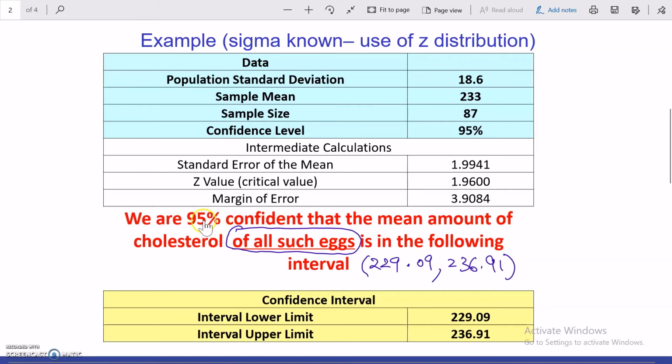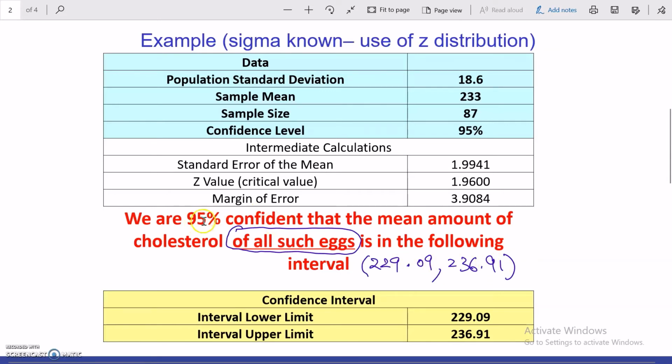I repeat the interpretation. We are 95% confident that the mean amount of cholesterol of all such eggs lies in this interval, 229.09 to 236.91. It means I'm not telling you what that mean amount of cholesterol of all such eggs is. I don't know what that amount is, but I know that the mean amount of cholesterol will lie in this range, and I'm 95% confident about that.